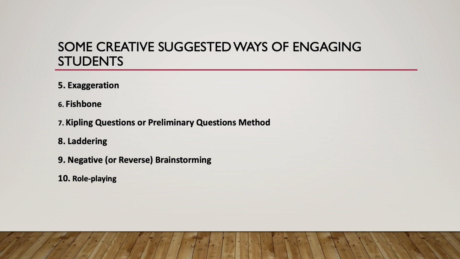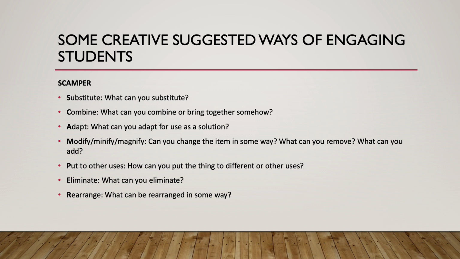And then we have Kipling questions, we have laundering, we have negative brainstorming, role playing, and there are many others. I'm going to give you a link which explains all those in details. I just want to mention one, which out of all those suggested ways of engaging students creatively, one which is called Scamper.